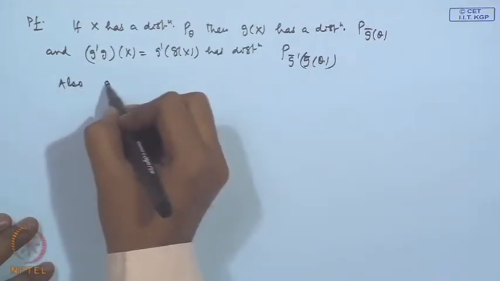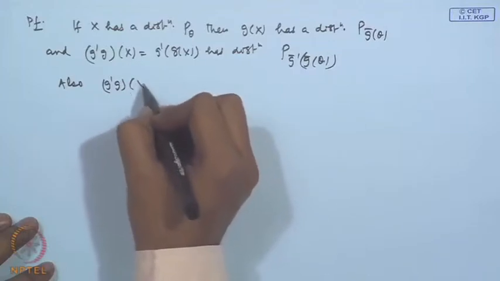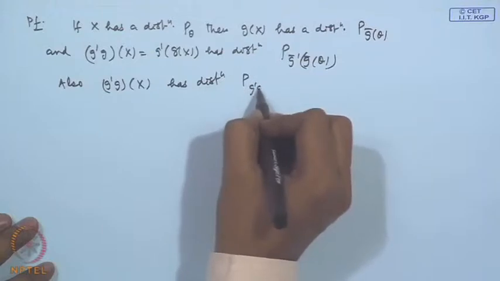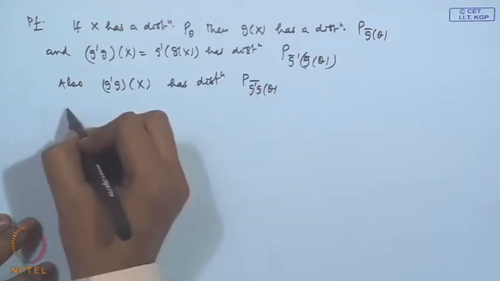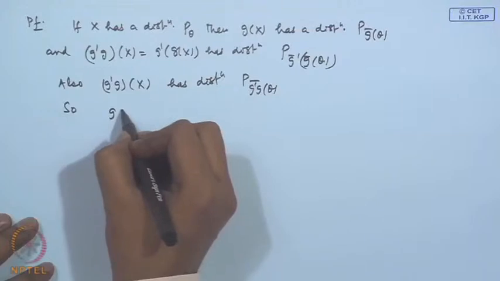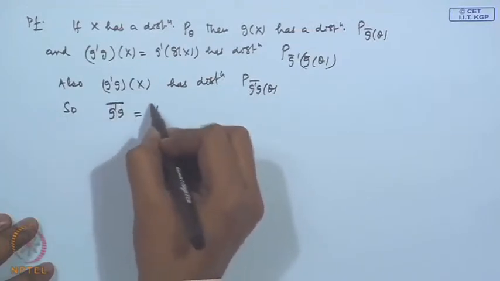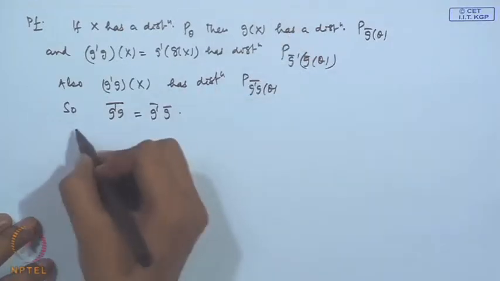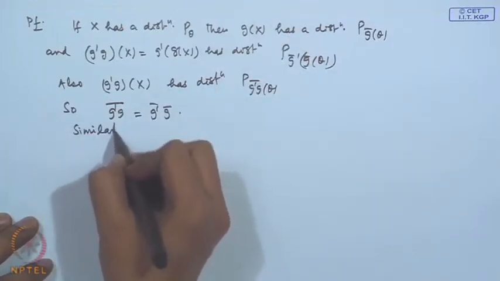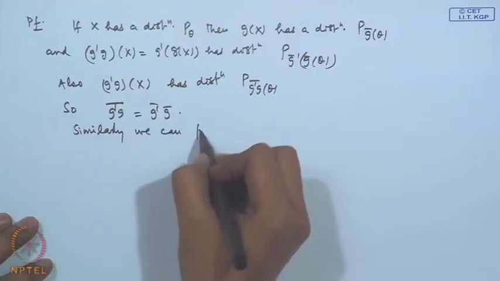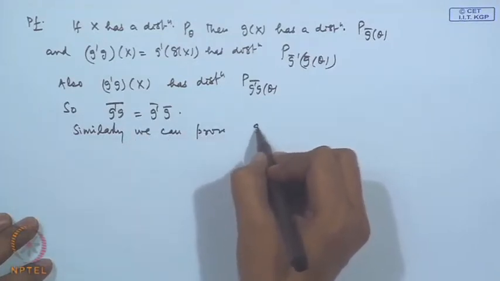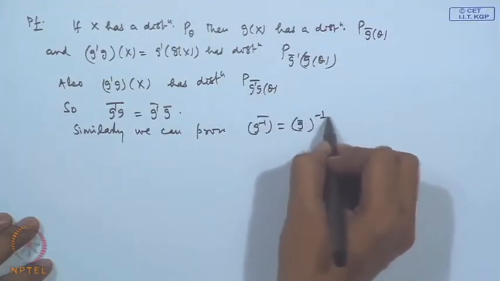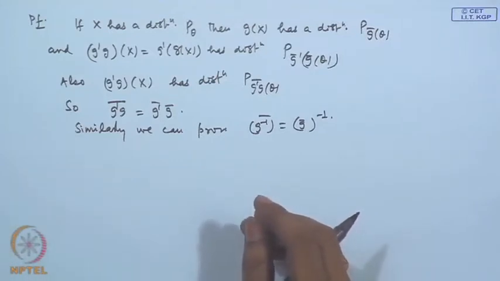Also, if I consider directly g prime g of x, this has distribution p g prime g bar theta. So, g prime g bar must be same as g prime bar g bar. And similarly, we can prove the other part also. So, in a very similar way this can be proved.